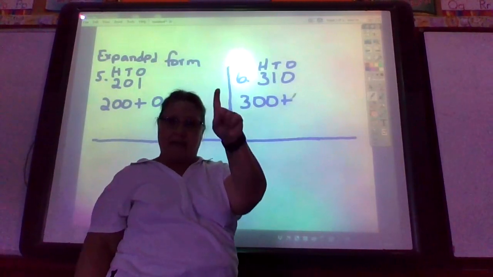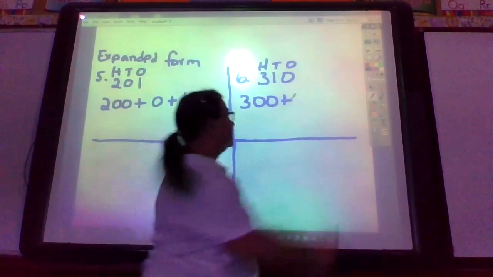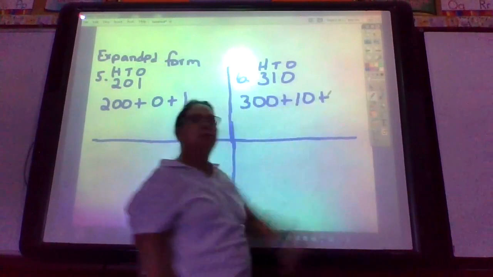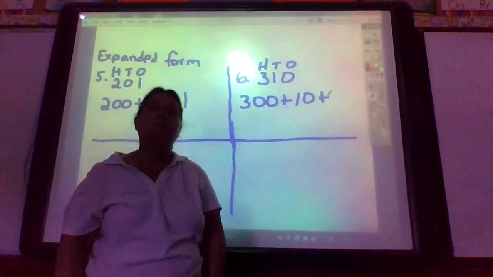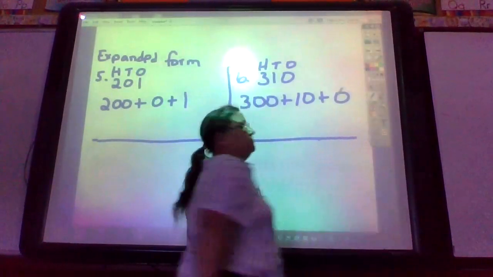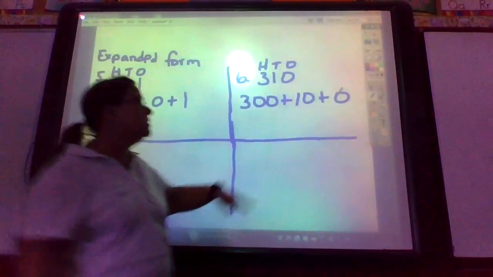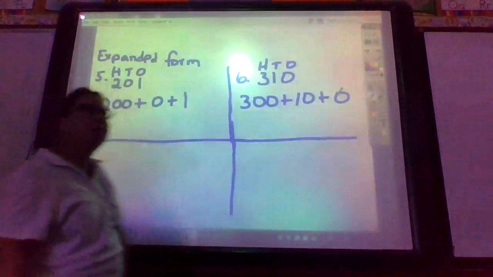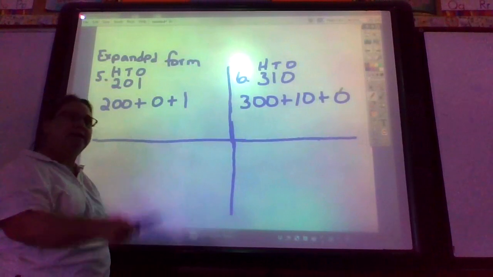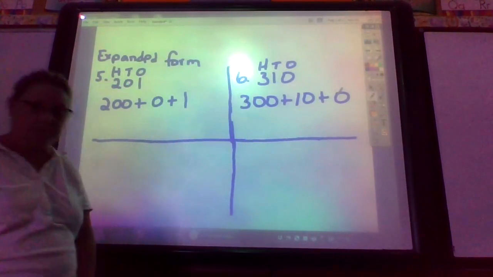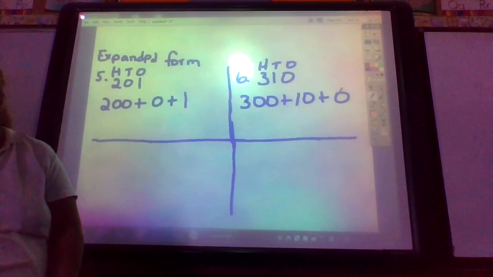I have a 10. That's it. Plus, how many ones do I have? 0. I'm still going to add my 0. A lot of people teach that you don't have to show that there. I want you to put it there because it's holding the place for ones. It's showing place value in expanded form.